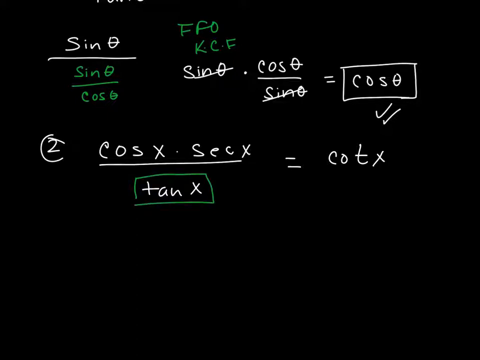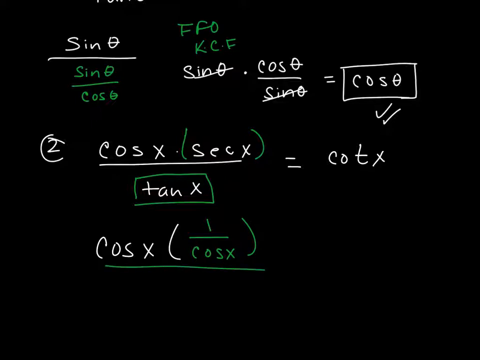That's what I want. But in the numerator, I'm going to use the reciprocal function of what I know the secant is equal to. I know the secant is equal to one over the cosine, so I replace that secant and make that 1 over the cosine of x. This is all over the tangent of x.